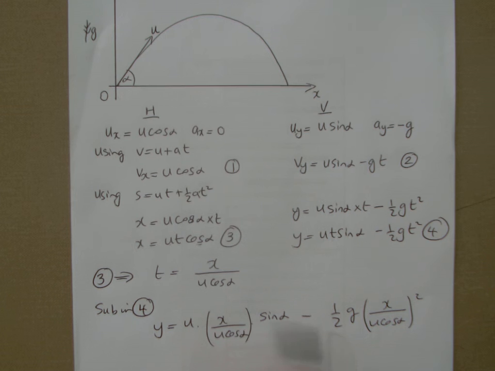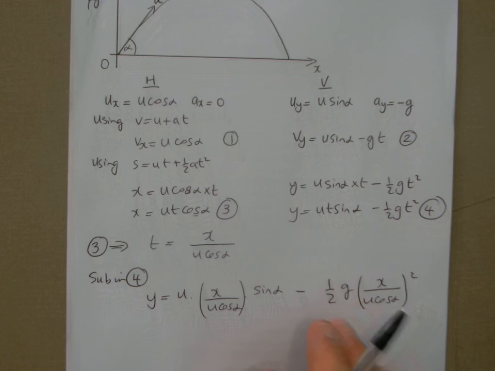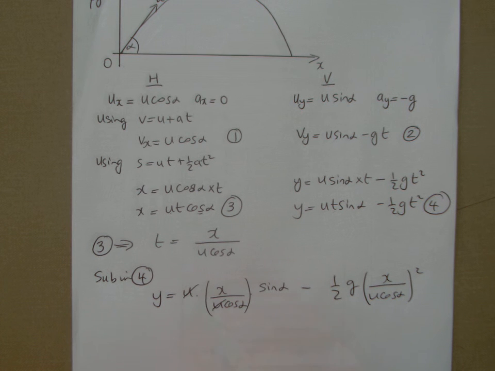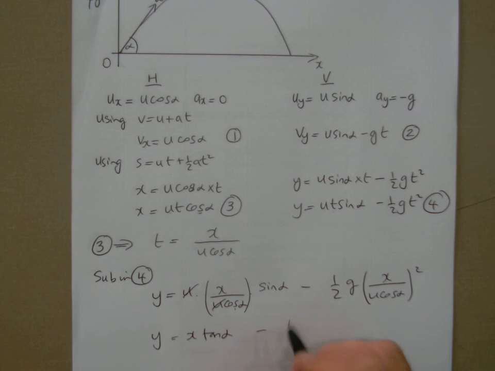So it's just a case then of playing around with this equation, simplifying it, and you get the answer out. So the u's cancel here, don't they? You can see that, u on top, u on bottom. Sine alpha over cos alpha is tan alpha, so this becomes x tan alpha, which is what the question is asking for. Now, let's just square each of these.